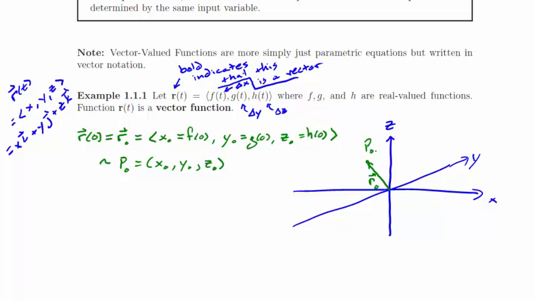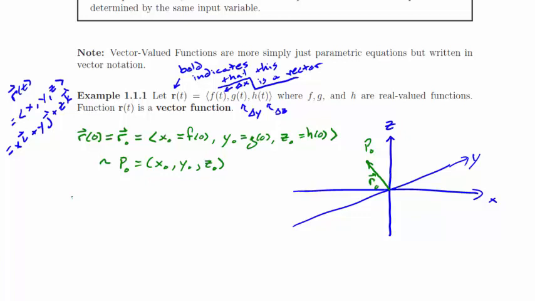So even though vectors can be anywhere in space, the way that we think about these vector valued functions is that the vectors that we're outputting are pointing to the points that correspond exactly with what the change in x, change in y, and change in z are from the vector function. So the vector outputs are technically changes in x, changes in y, and changes in z, but for the vector valued function purposes, we think of these as outputting the point x naught, y naught, z naught.